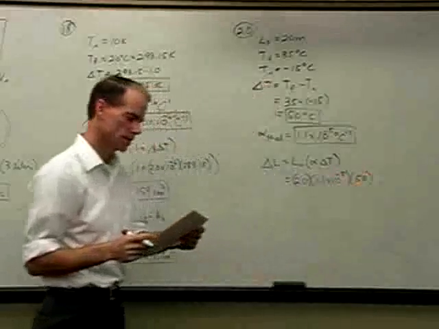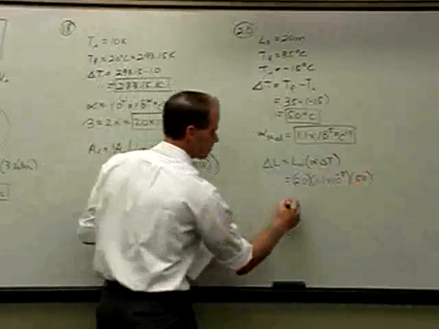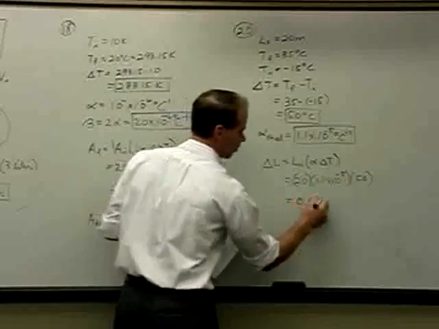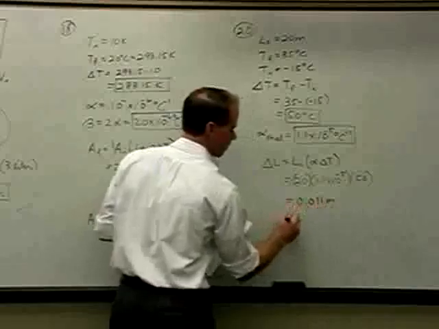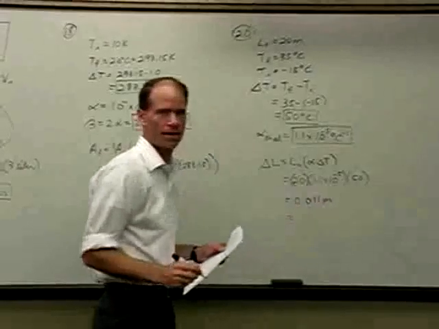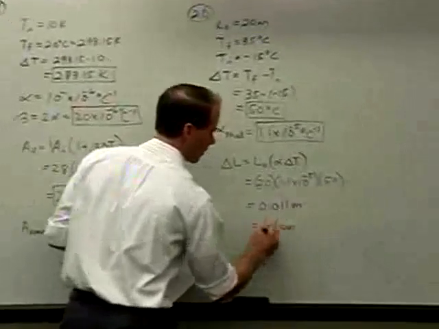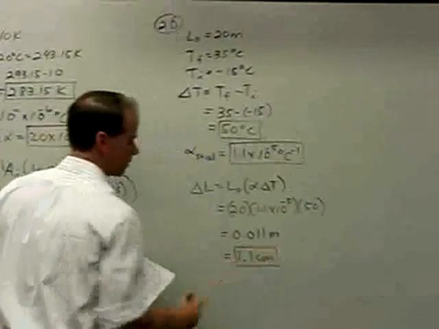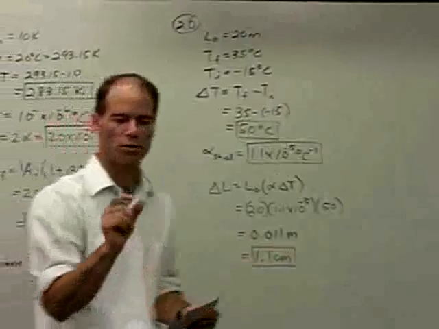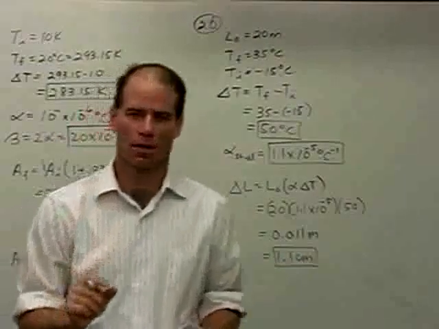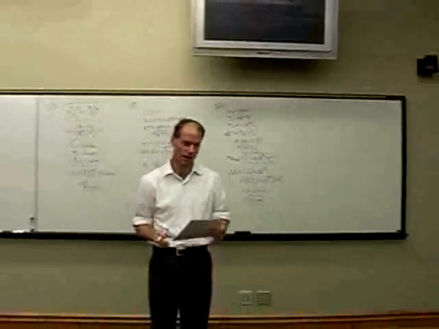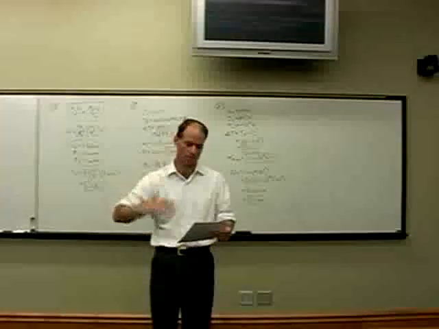And that gives us 0.011 meters, which we could write as 1.1 centimeters. So this track will expand 1.1 centimeters, enough that we should allow for it, otherwise it's going to buckle.